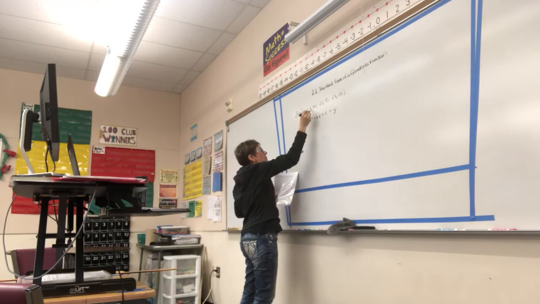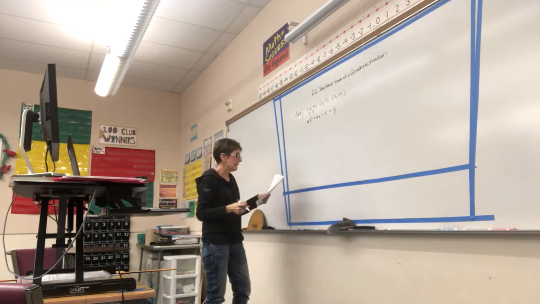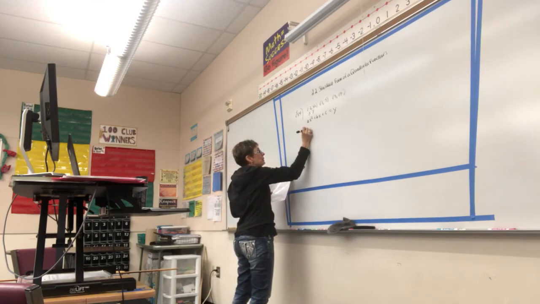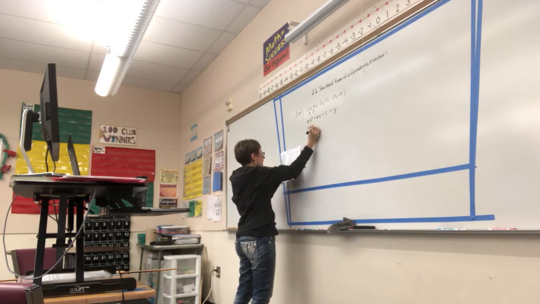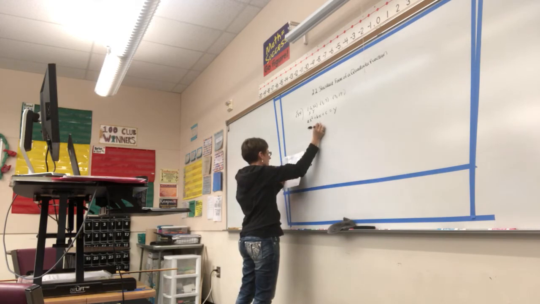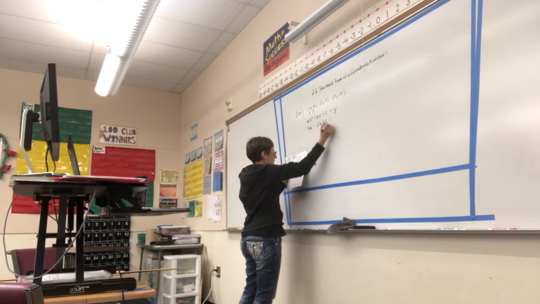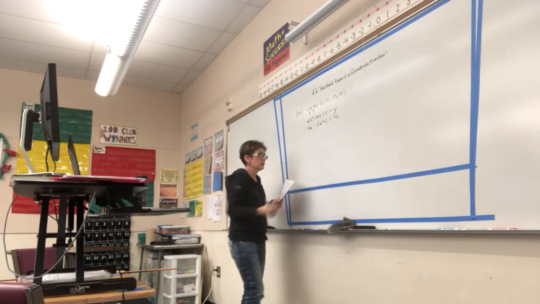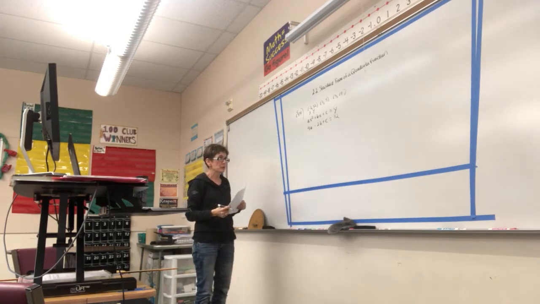For the first point, when x is -2, we have -2 squared, which is 4a, minus 2b plus c equals 32. That's the equation from the first point.